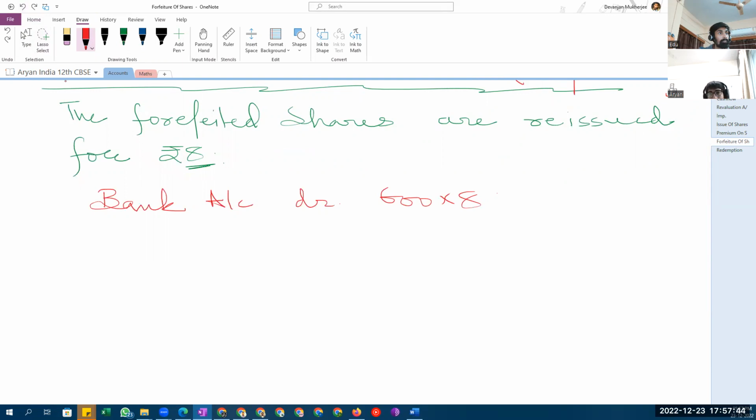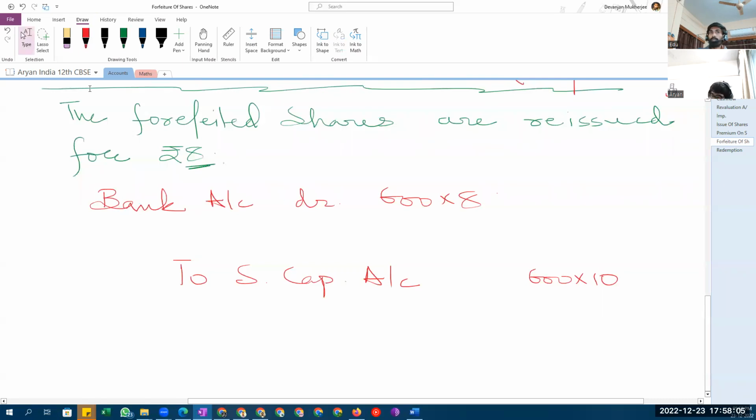But there is a gap, do remember. So then share capital account 600 into 10, because again in share capital you can't have a discount. You have to put the amount of money equivalent to the face value of the shares in the share capital.